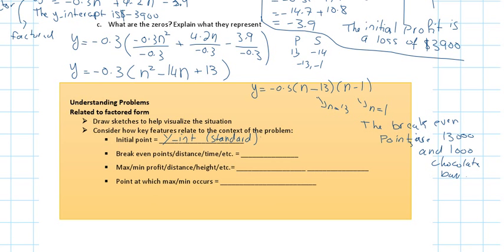If I'm looking for the break-even points, break-even means what? We just did that. What did I find for the break-even? My zeros, right? So I have to find the zeros or the x-intercept, right? And what form does it have to be in? Factored form.